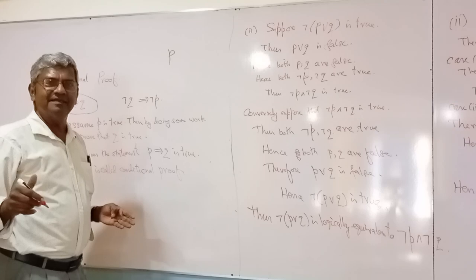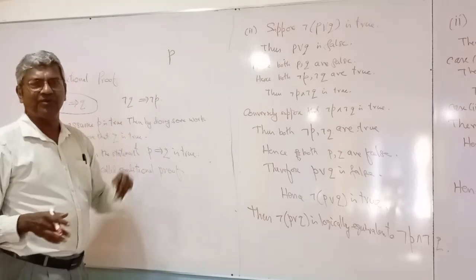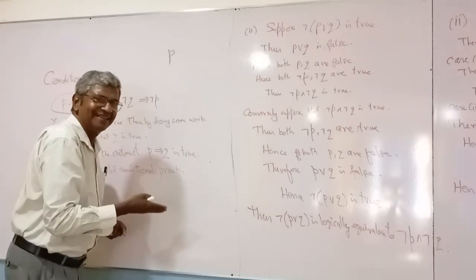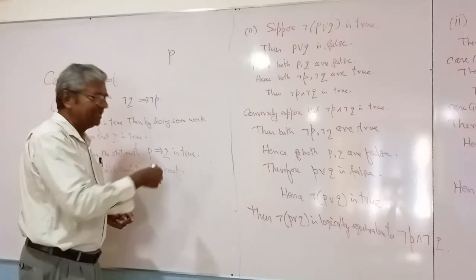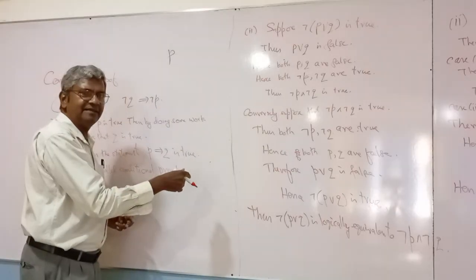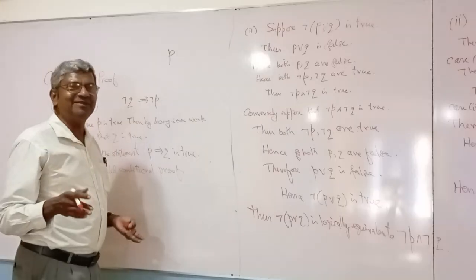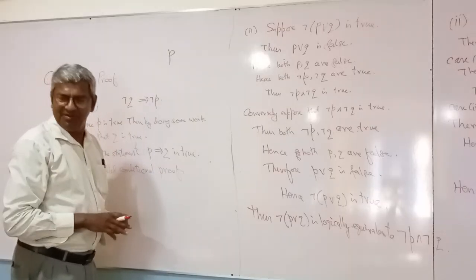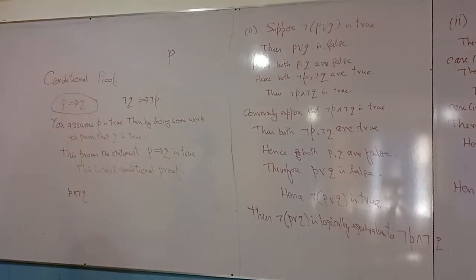Then you say your original assumption is wrong, therefore P is true. But your grandma will say, hey, you haven't proved P. You assumed P is false, did this and that, and now you are claiming P is true. She will argue with you that you haven't proved it. So proof by contradiction is a method among mathematicians.